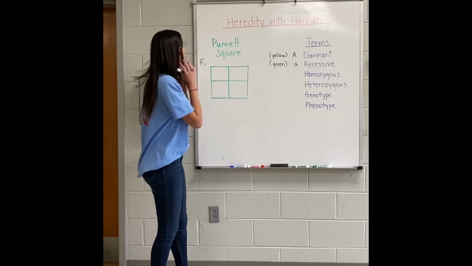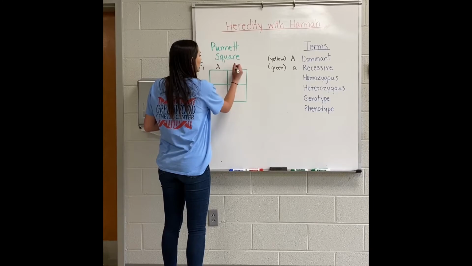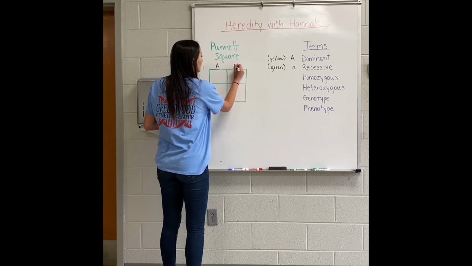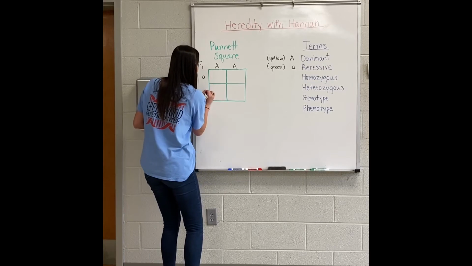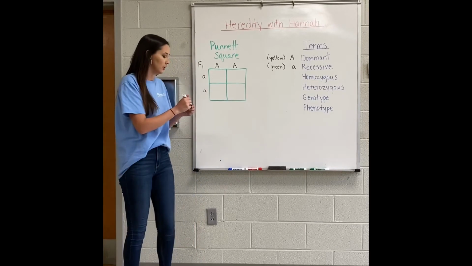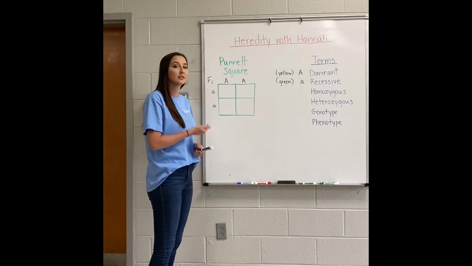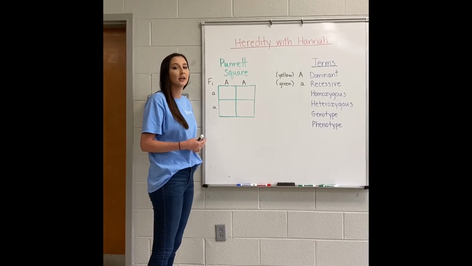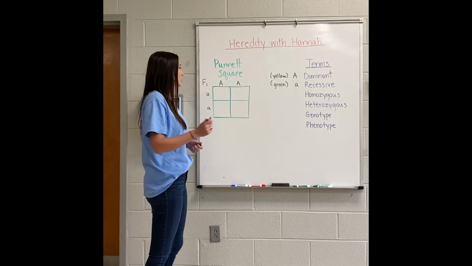So if we cross a yellow purebred, we're going to do a capital A and a capital A. And with a green purebred, we're going to use two lowercase a's. All right? So if we cross these two plants, we can actually look at the probability of what the offspring may look like.